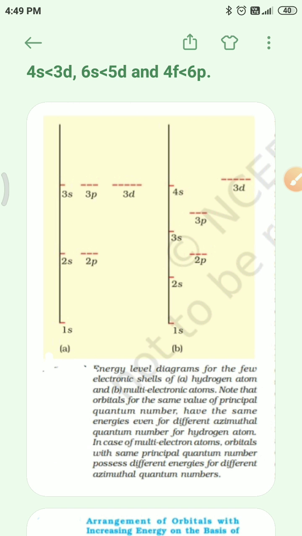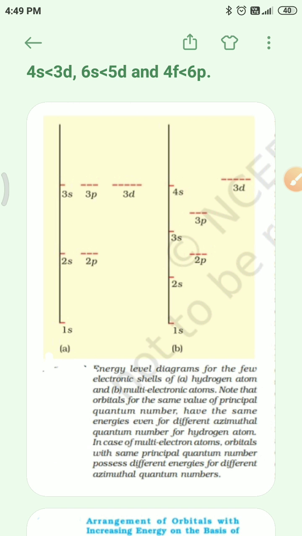The energy of an electron in a multi-electron atom, unlike that of the hydrogen atom, depends not only on its principal quantum number, or shell, but also on the azimuthal quantum number, which denotes the subshell. For a given principal quantum number, s, p, d, f and so on all have different energies.